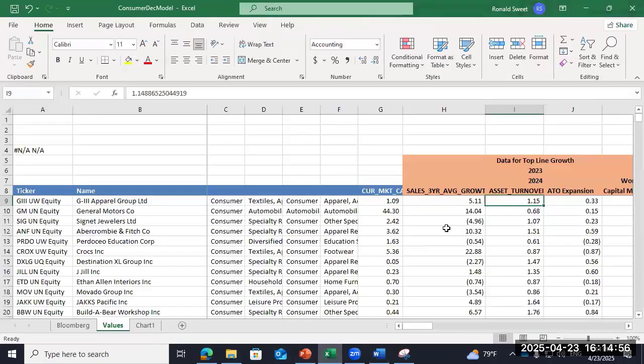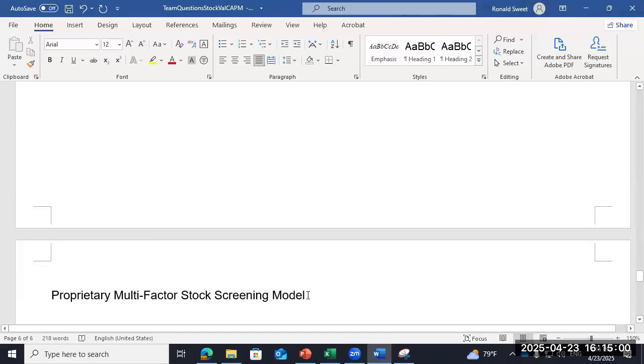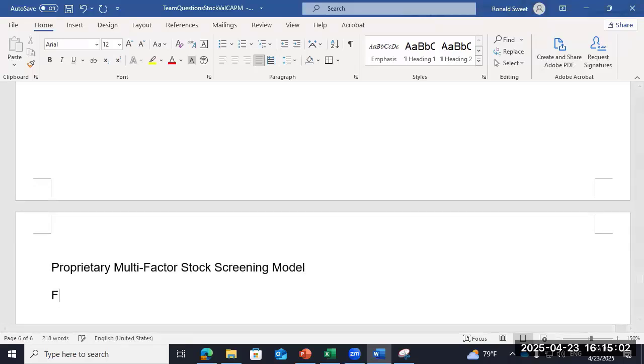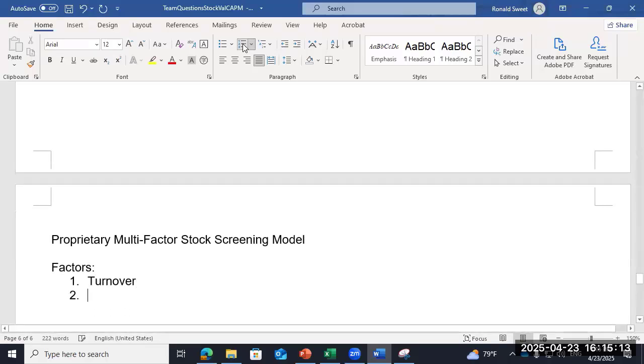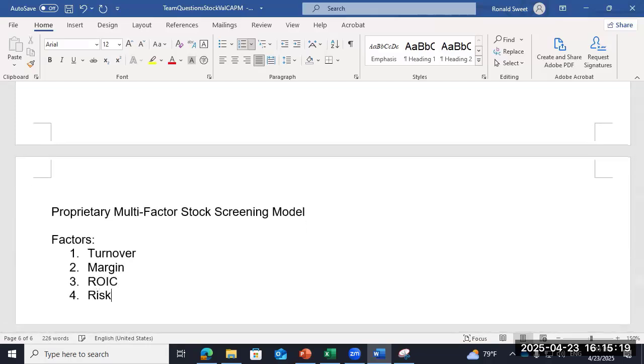So here's a model, and the way I break up my factors, remember, you need factors related to fundamentals and factors related to risk. So my factors are broken up into turnover, margin, return on capital, and then risk.